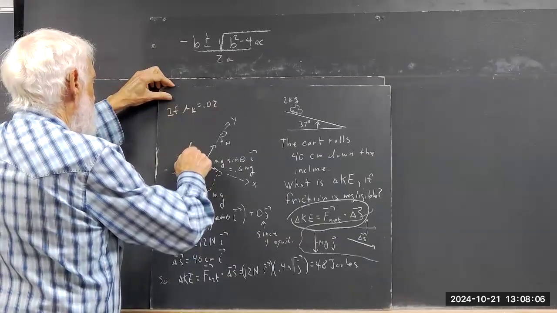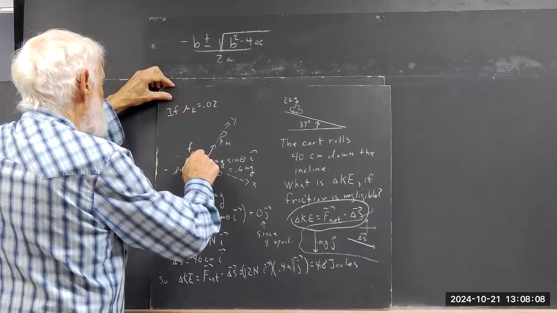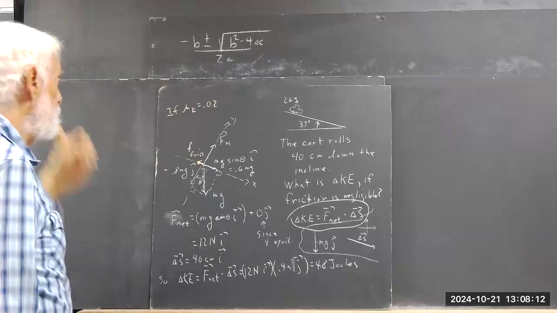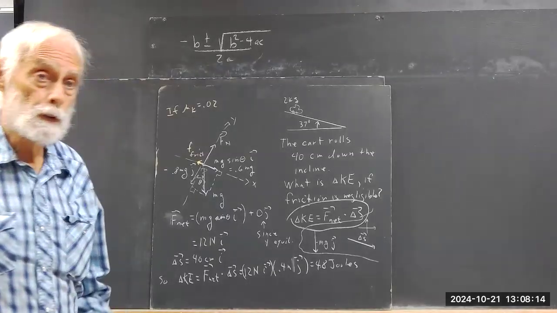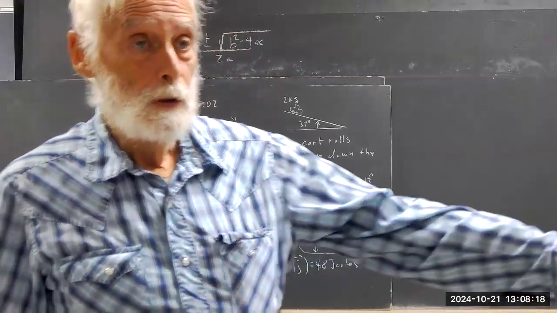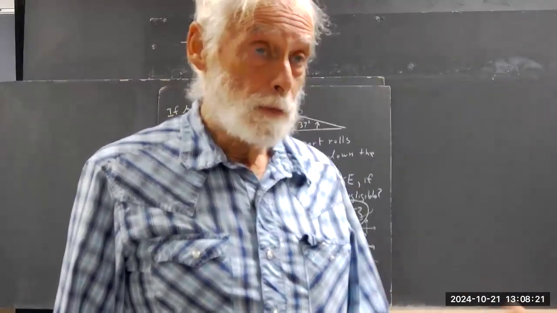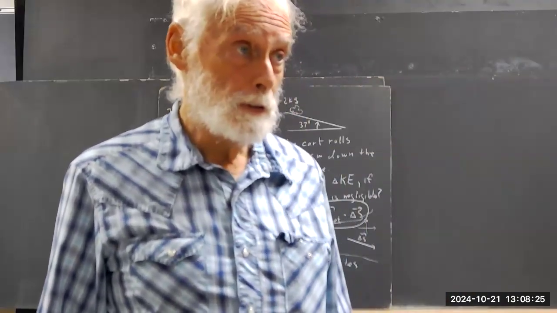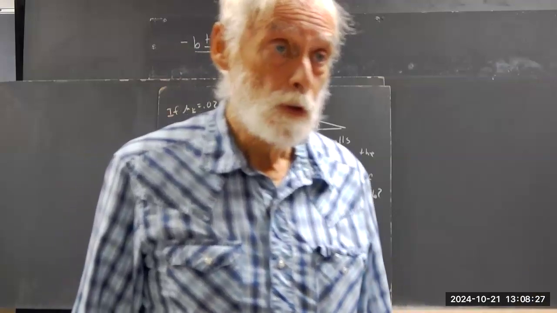And we have some force of friction. Now, what do you know about frictional forces? Well, if the thing is moving, then the frictional force is just the product of the coefficient of kinetic friction and the normal force.